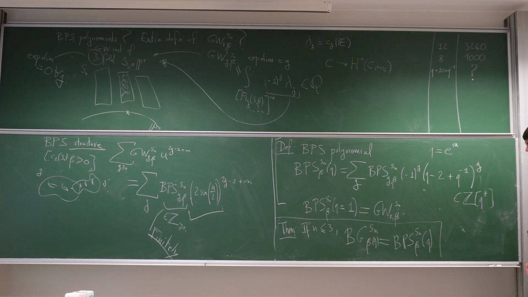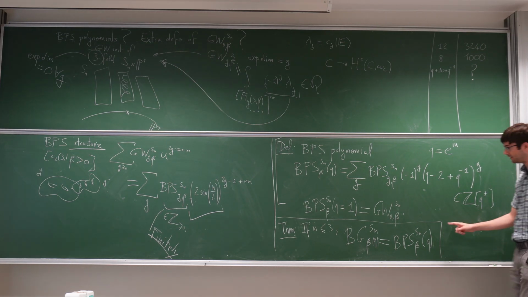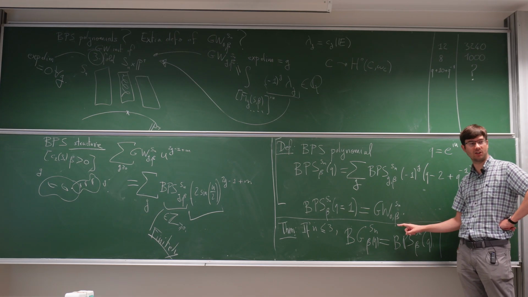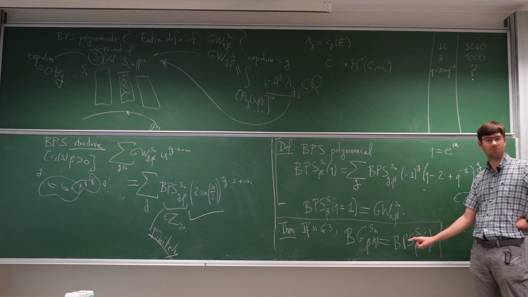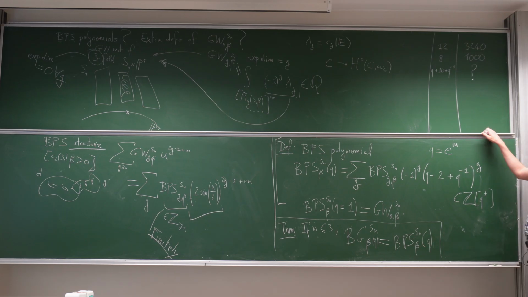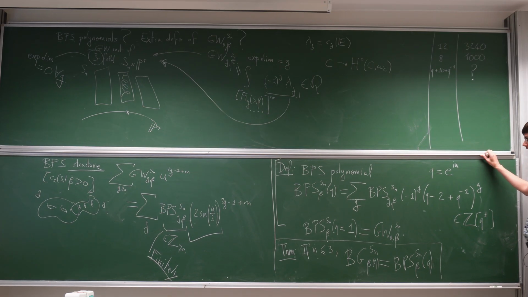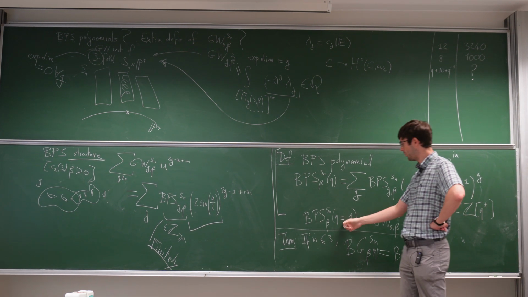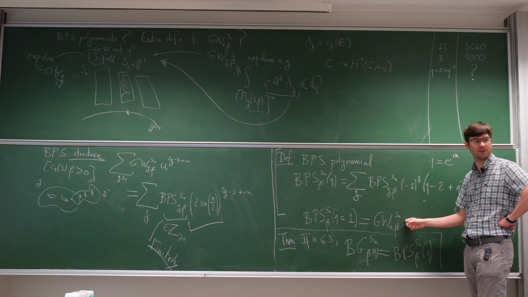And the whole point of the story is that now the right-hand side makes sense for any n. There is no longer any toric assumption to define this polynomial. The remark is that by construction, this polynomial at q equal 1 gives a complex count.